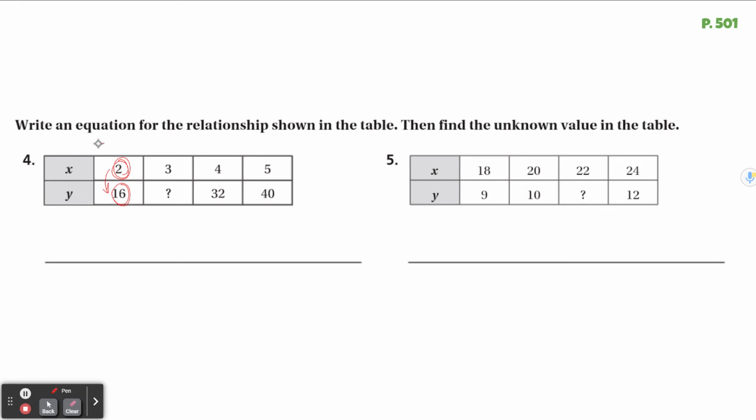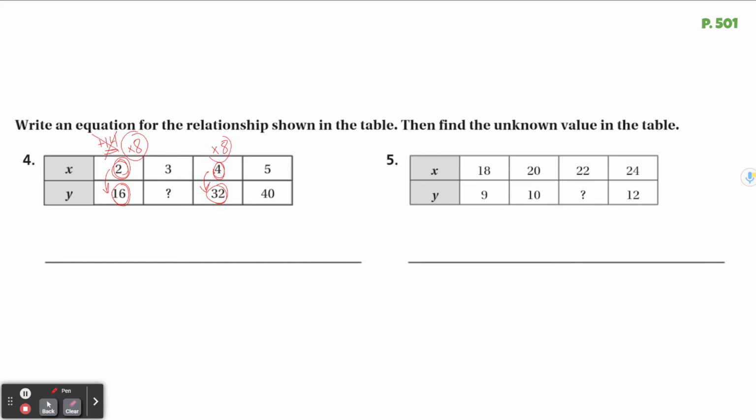So I can either add 14 or I can times it by 8. And now we don't know what the 3 is, so we can't use this one to check. So let's look at 4 to 32. How do I go from 4 to 32? So we could do times 8, because the plus 14 over here wouldn't work, because 4 plus 14 is 18.